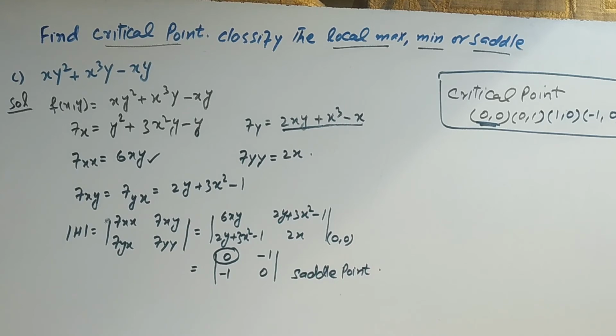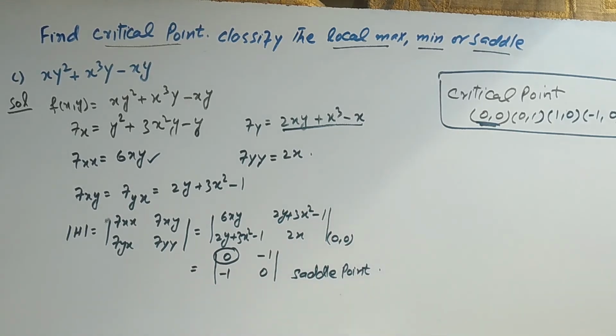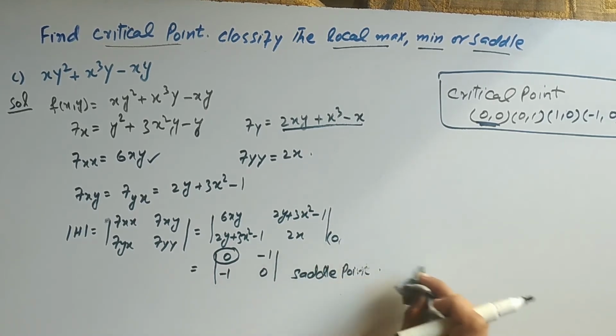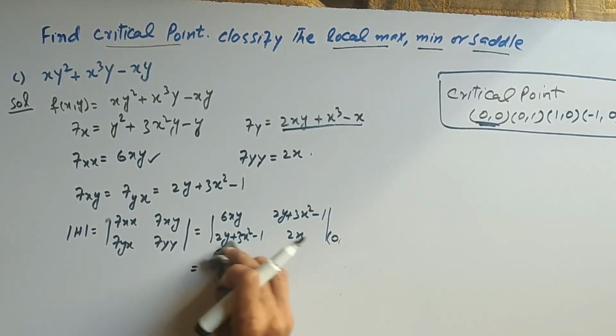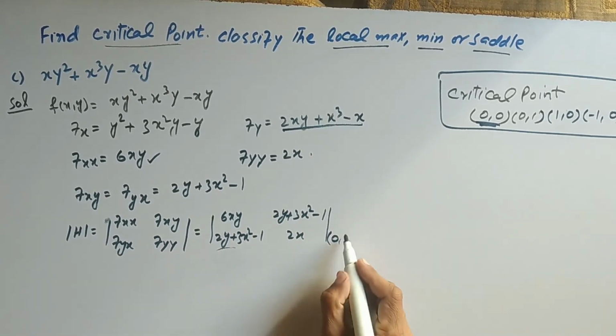Now we will take the second critical point, that is 0 1. I will write it here, 0 1.